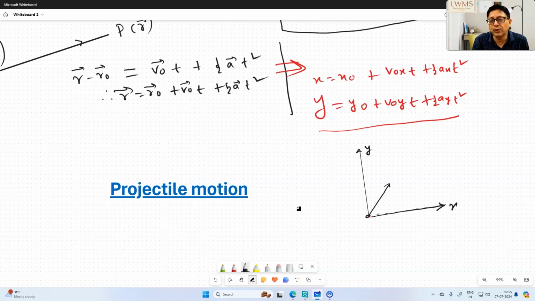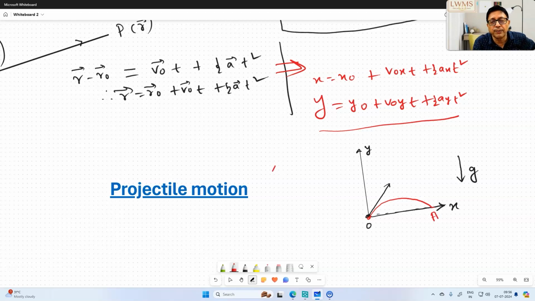The point from where you have thrown it is taken as origin. The vertical direction is the y-axis, the horizontal direction is the x-axis. Initially the velocity is directed this way, but it will not remain directed that way forever. Why? Because g, the acceleration due to gravity, will be controlling its motion. So obviously, this is a common experience, the particle, following a curved path, will touch the ground after some time.